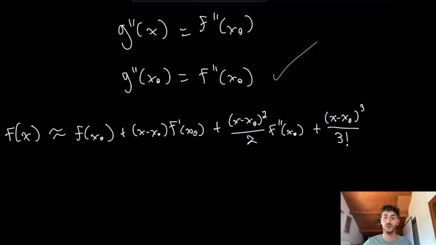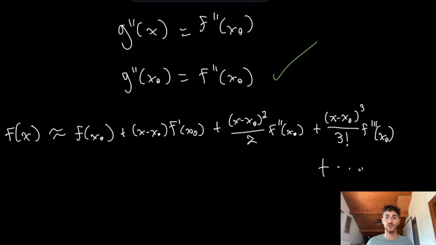Because 3 factorial is 3 times 2 times 1. 2 factorial is 2 times 1. So 1 factorial here, there's a 0 factorial under there. It's matching whatever the exponent is. So this factor is going to help us get rid of the extra constant that's going to be out front from just this exponent. Okay, and then we take the third derivative there, and we keep doing this.